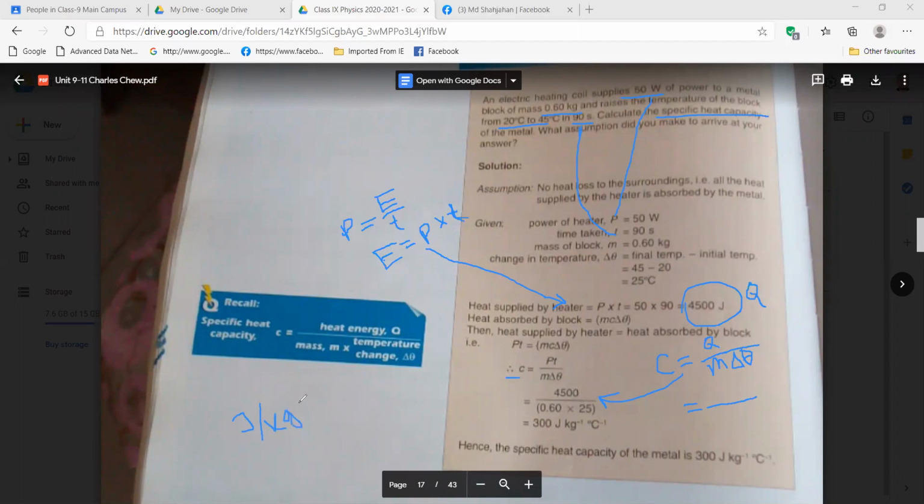That is fine. But when you are writing in inverse form, then you have to write it this way: joule per kg per degree Celsius. Is it clear? Yes, sir. Is it done, all of you? Any queries, anyone, please? No, sir.